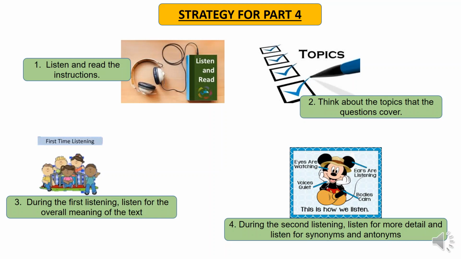And then, during the second listening, listen for more detail and listen for synonyms and antonyms and ways the questions could be paraphrased. Tick the box next to the correct answer. You will have to transfer these answers to the answer sheet at the end of the text. So do not miss doing that.